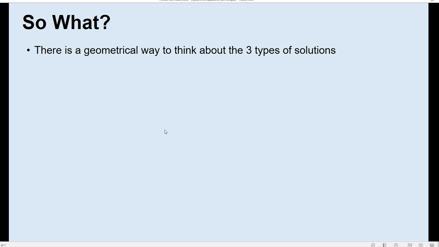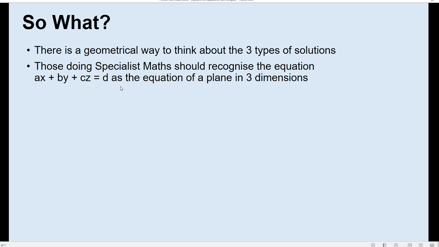Geometrically, we can think about what those 3 solutions mean. We saw with the 2 by 2 system that they intersected at a point, they were parallel, or they were coincident. Well, there's a few more possibilities here. Those of you doing specialist maths hopefully recognize what we're dealing with.